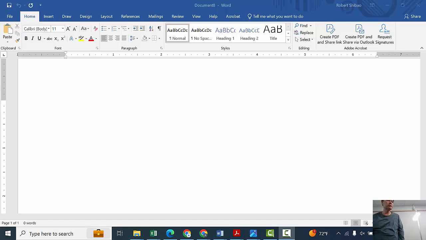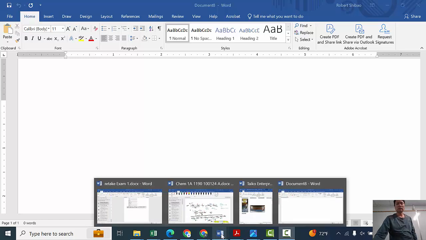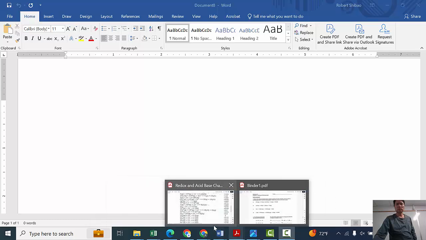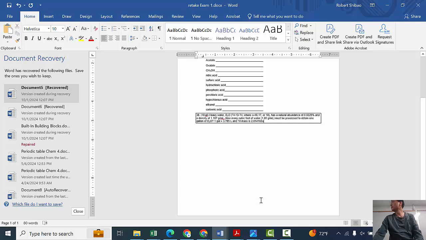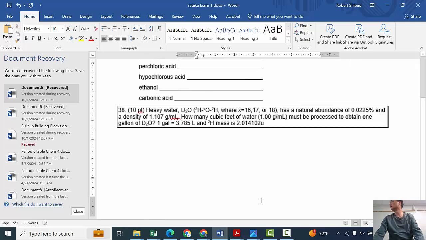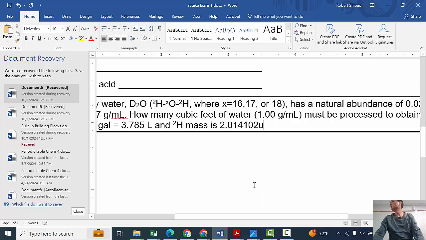But the other hint is I'm going to give you the mass of deuterium to 6 sig figs, the 0.2014 something. I just wrote it down. No surprises here. I just wrote the deuterium mass to 7 sig figs.